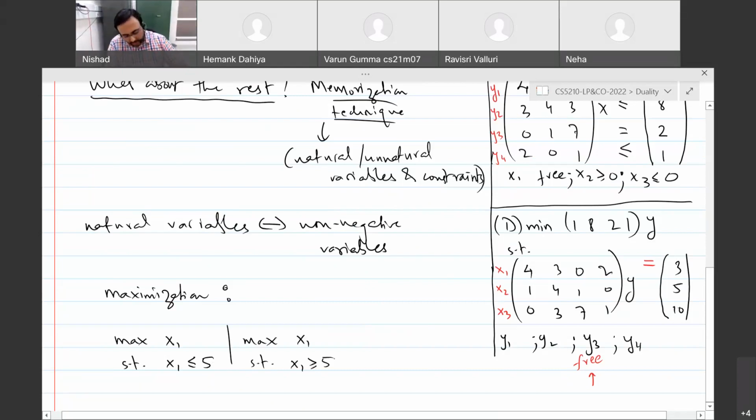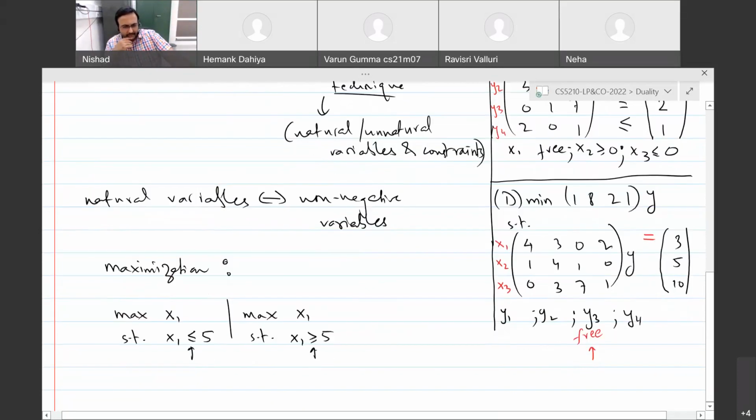Which one do you think should be natural? It is very intuitive. Can someone tell me which of these seems to be natural? Less than or equal to. For a maximization problem, less than equal to is the natural constraint.